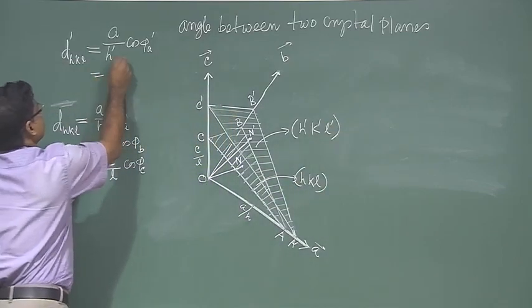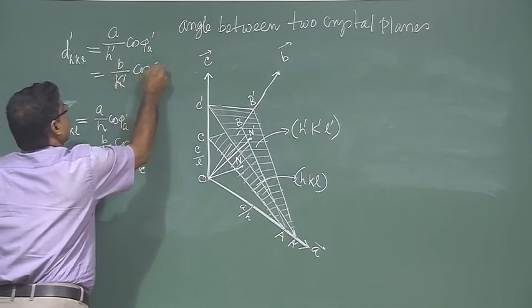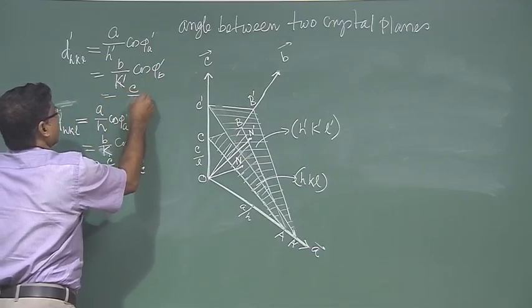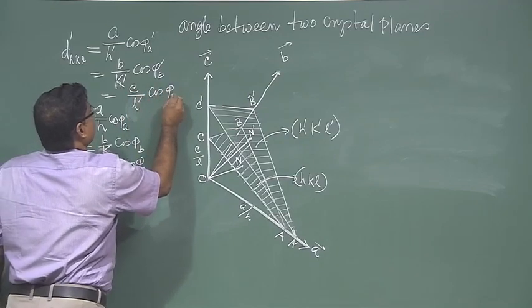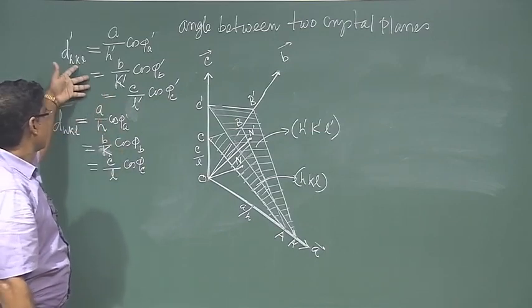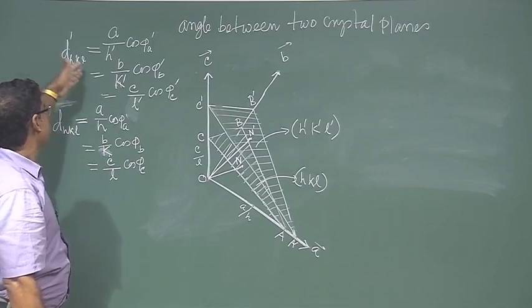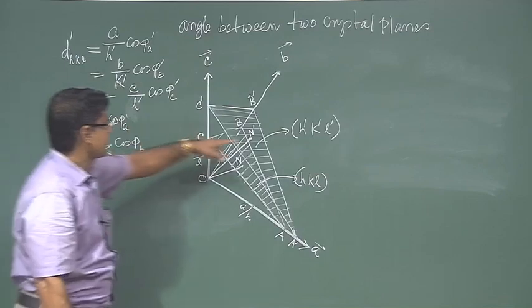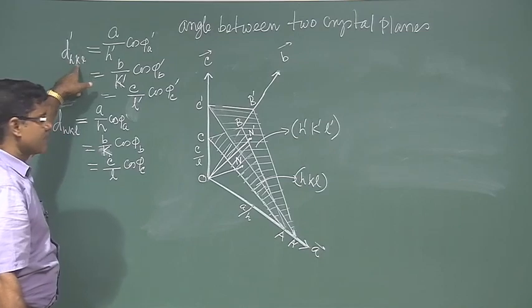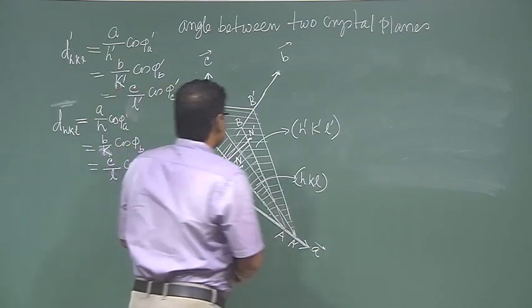So, this is d H K L and d dash H K L. For the other plane I could write H dash K dash L dash, but instead of that I have given d dash.